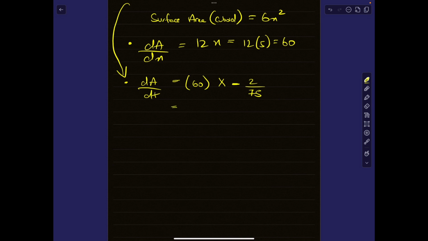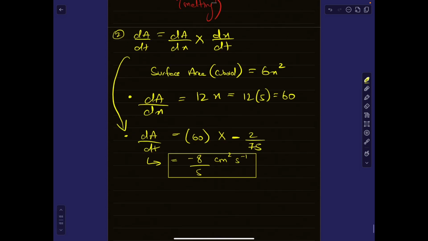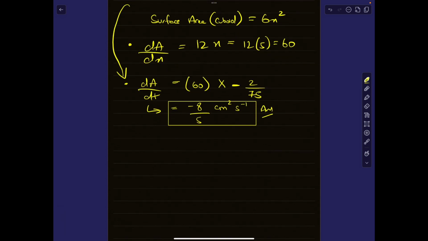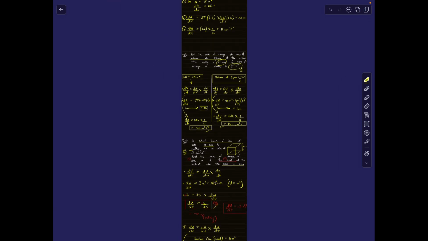Thus, the minus is very important. Without that, your answer would be wrong. Since this is area, you also need to be vigilant about the units. And this is my answer. This and this would be left as my answer. And this is where we wrap up rates of change.